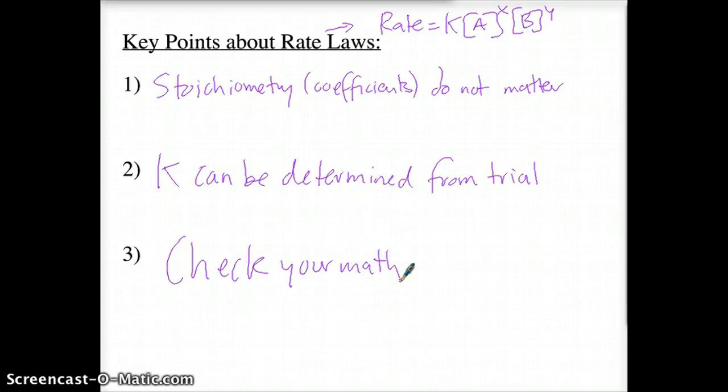The exponents will always come out to nice numbers, either zeros, ones, or twos, maybe threes in this class. If you take more advanced chemistry, they won't be even numbers. But for now, if you get that x is equal to like 0.23, you probably made a math error. Double check your math so you don't make any silly mistakes.